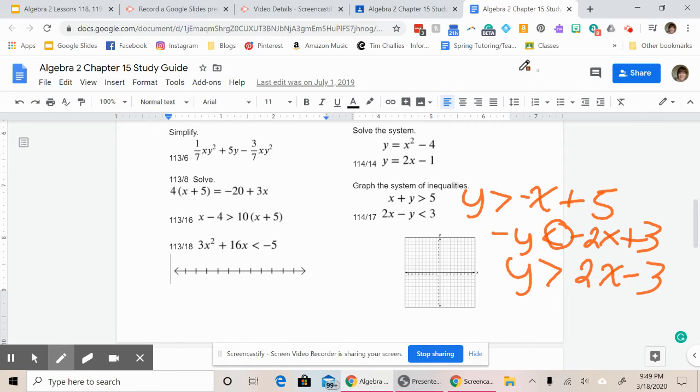Now in this itty bitty graph, I'm going to have a really hard time. I'll give it my best, but let's see what we can do. On this first one, it crosses at 5, 1, 2, 3, oh, too tiny, 5 maybe right there. And it has down 1 over 1, down 1 over 1, and we need a dashed line.